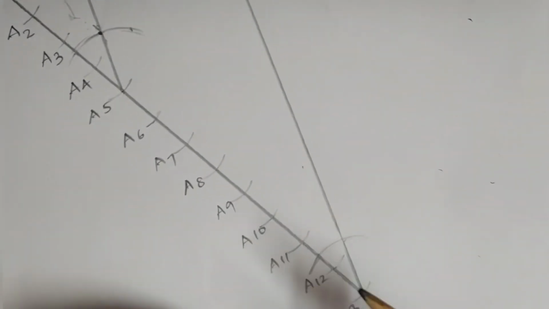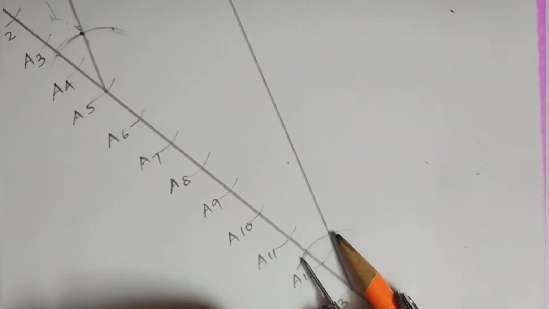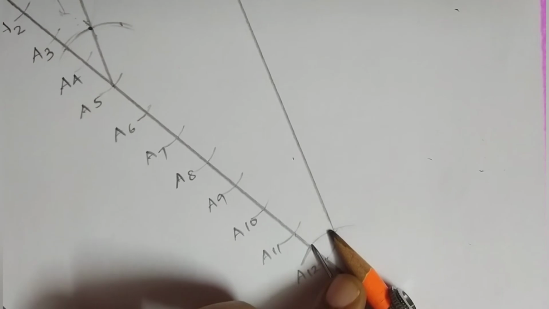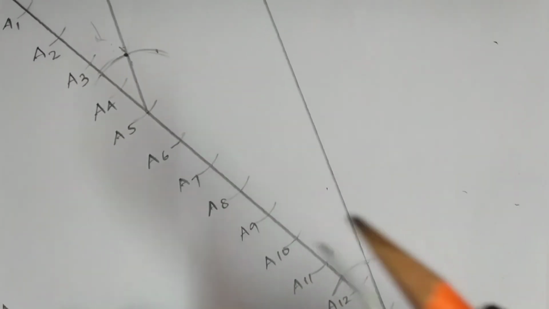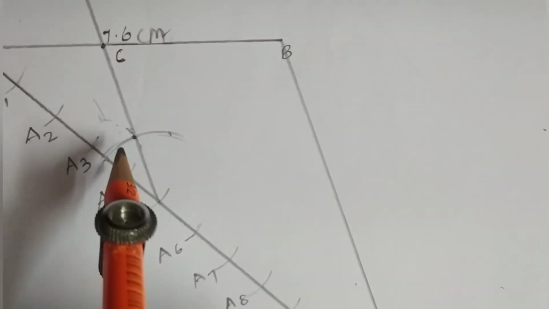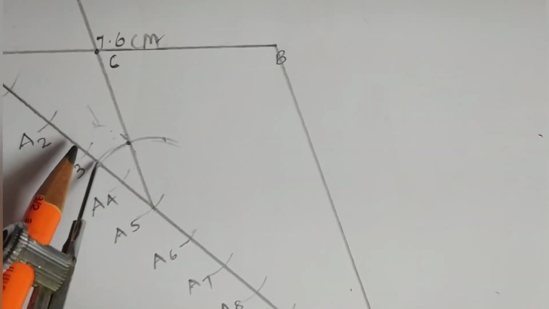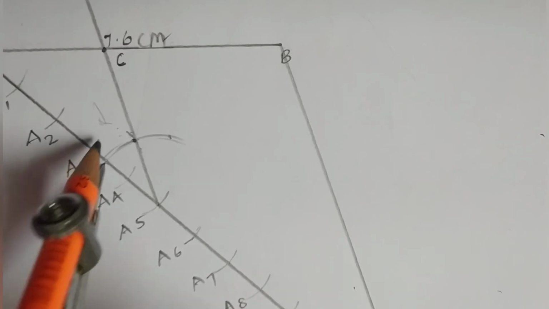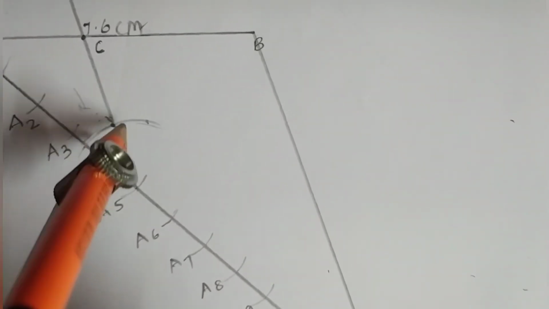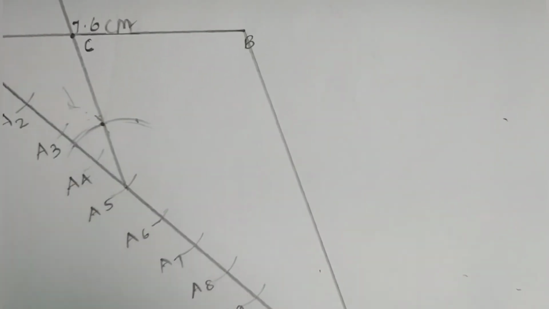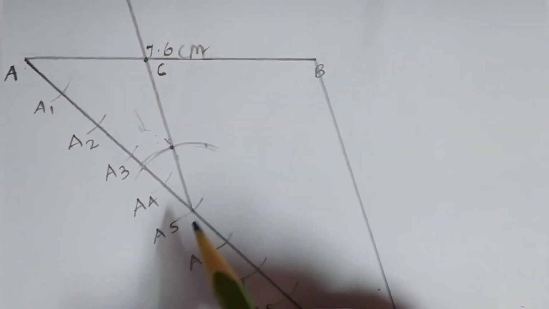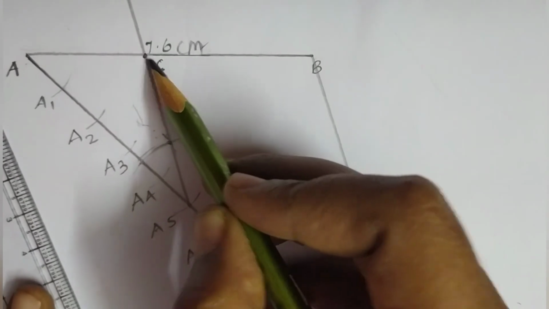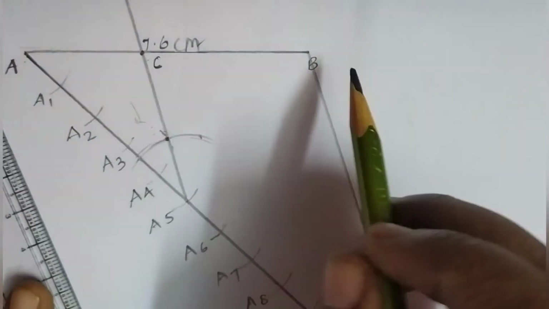After that measure this size, and without changing that measurement, from that arc cut an arc, and then join the meeting point from A5 to C. So C divides AB in the ratio 5:8.